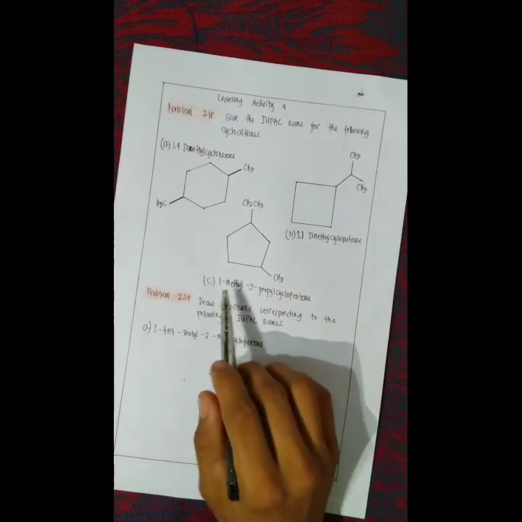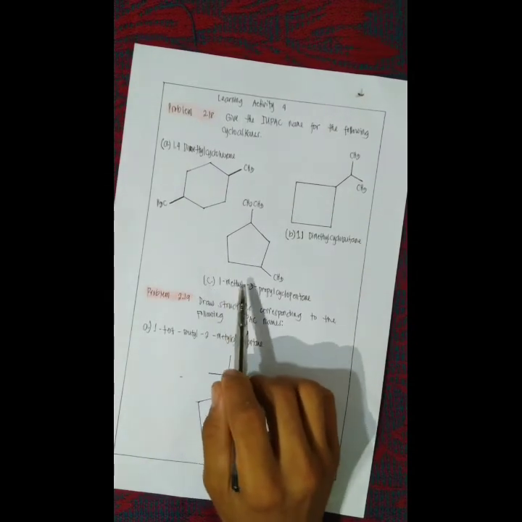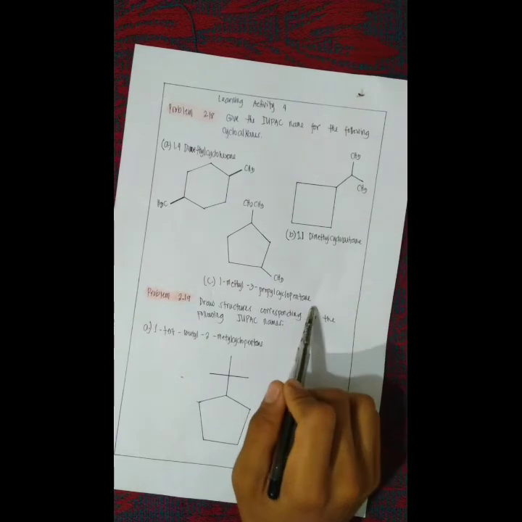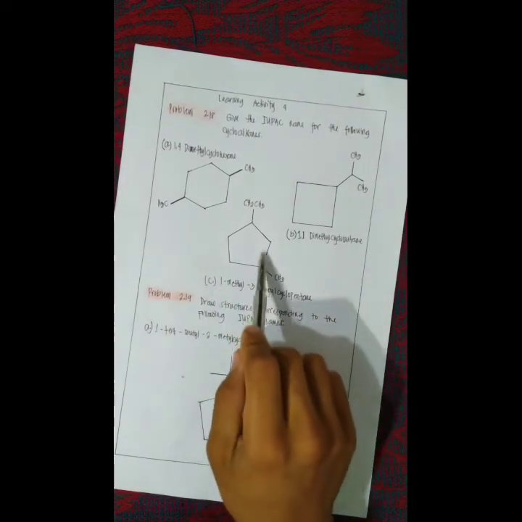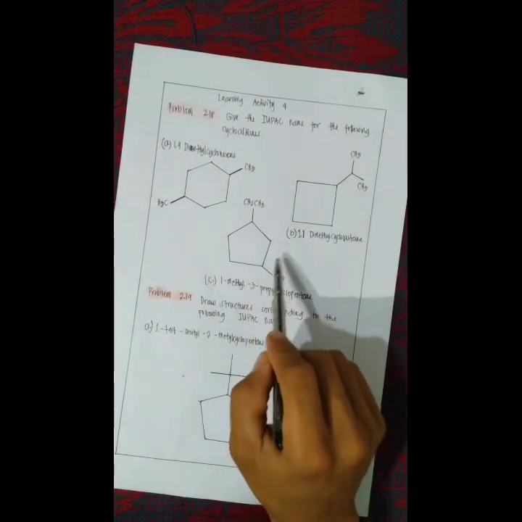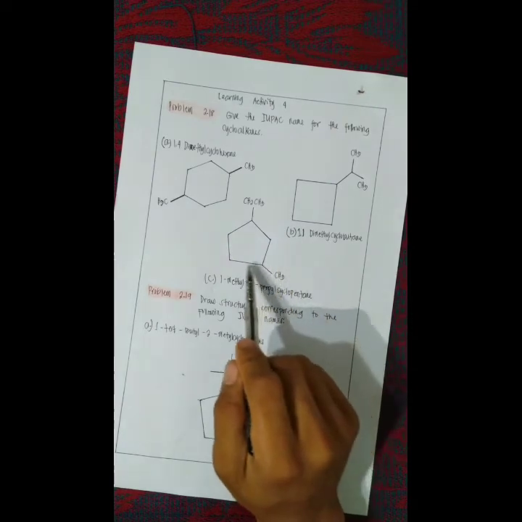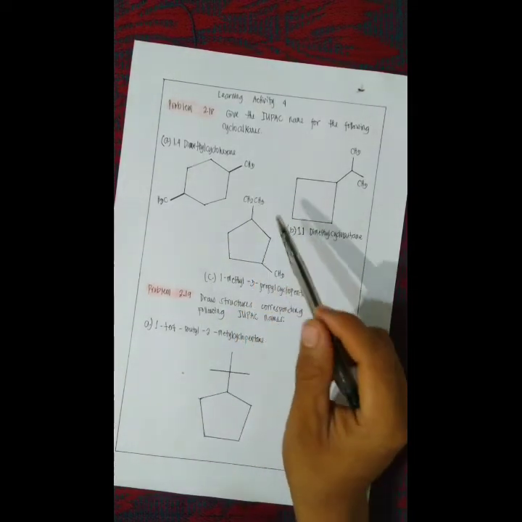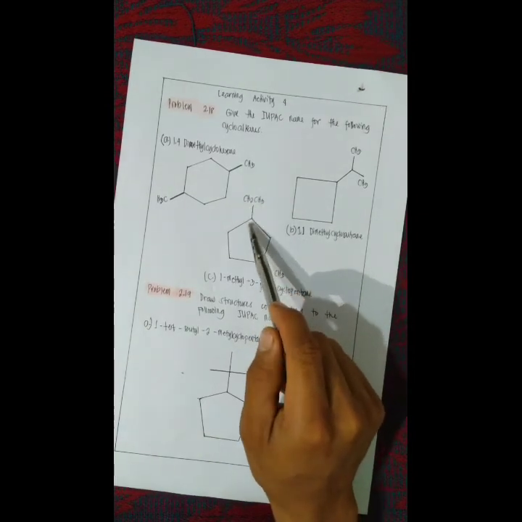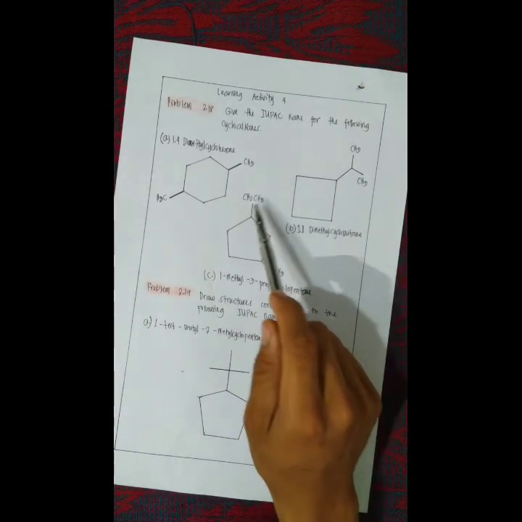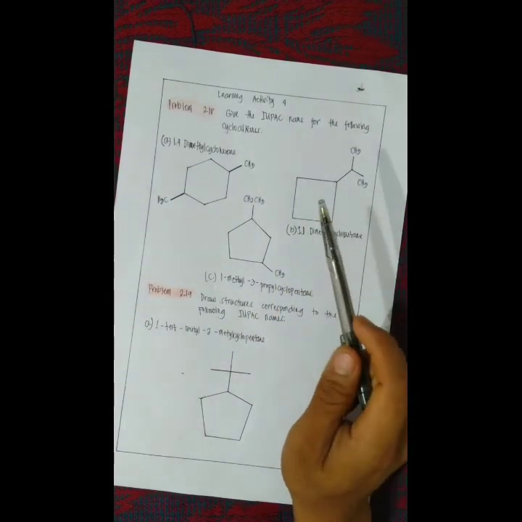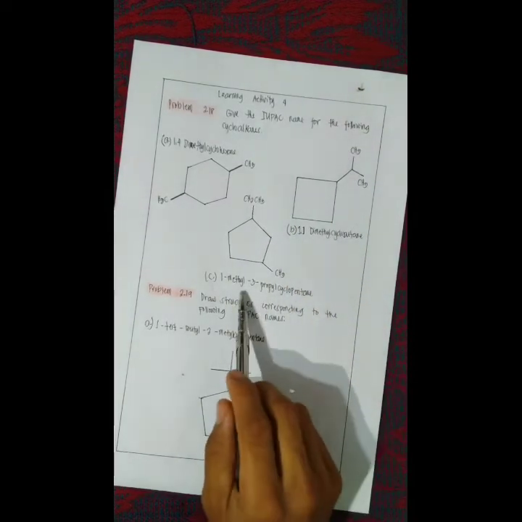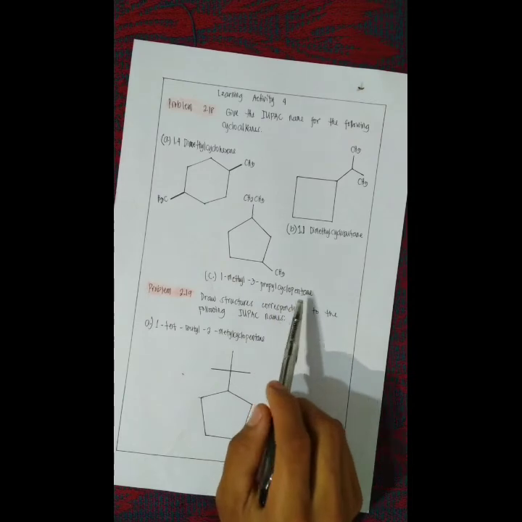So the third one, in letter C, is 1-methyl 3-propyl cyclopentane. This is the cycloalkane that has 5 carbon atoms, so that's why it is called cyclopentane, and here is the propyl. This CH2CH3 is positioned here, so that's why this is called 1-methyl 3-propyl cyclopentane.